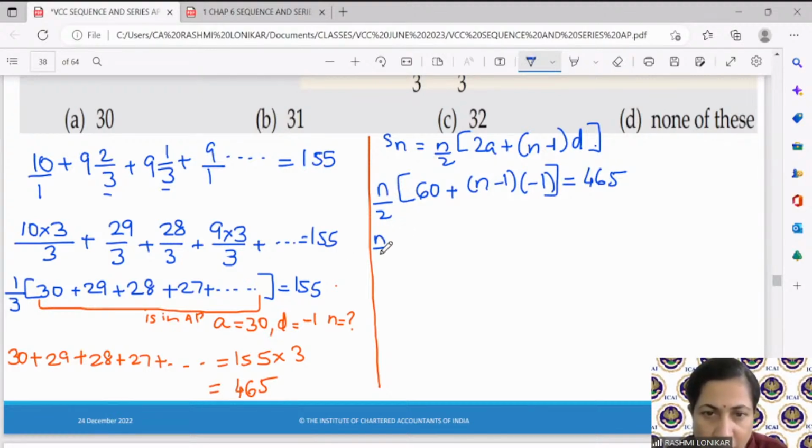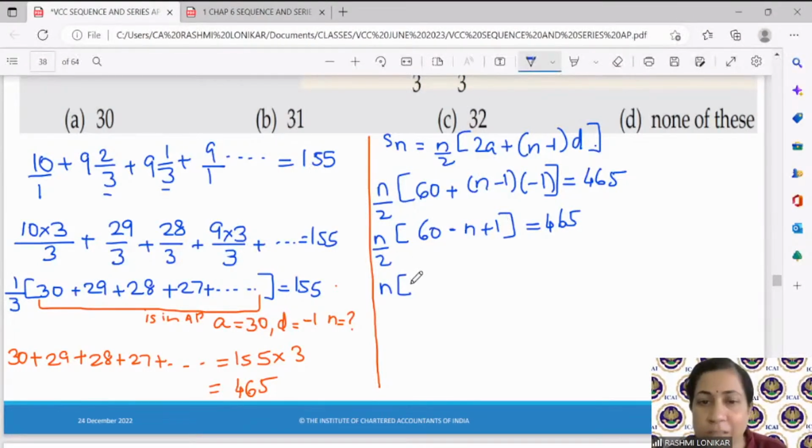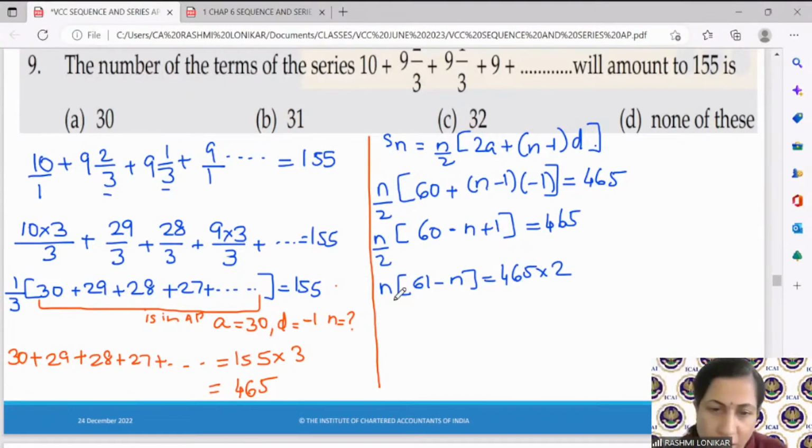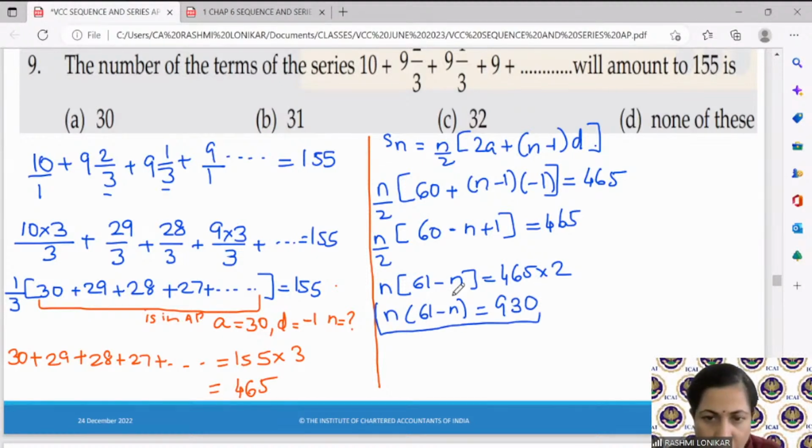So this is n upon 2, 60 plus n minus 1 into minus 1, that is minus n plus 1, is equal to 465. Again, I take this 2 over to this side. So n into bracket 60 plus 1 is 61 minus n is equal to 465 into 2. How much is 465 into 2? 930. So n into 61 minus n is equal to 930. This is the important equation I have obtained.